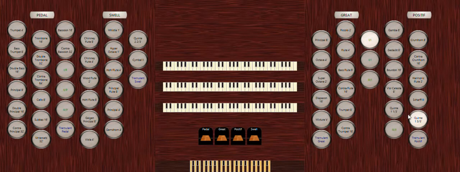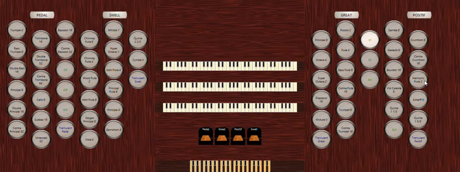Once again, super high in the 9th octave, 3-rank Scharff, 3-rank mixture. And as I go up into different octaves, you will hear it reset back to previous octaves. Pretty cool. Which, by the way, all mixtures do that. They always go back down the octave at a certain note.